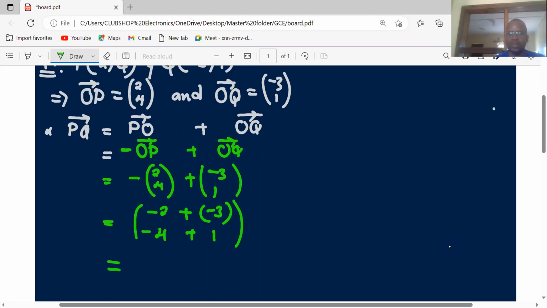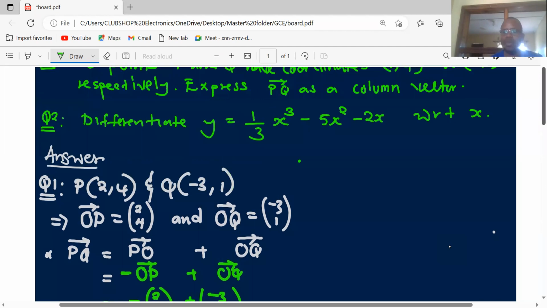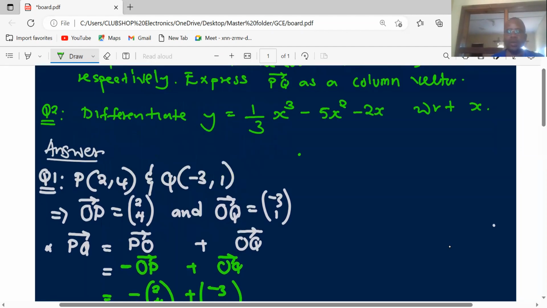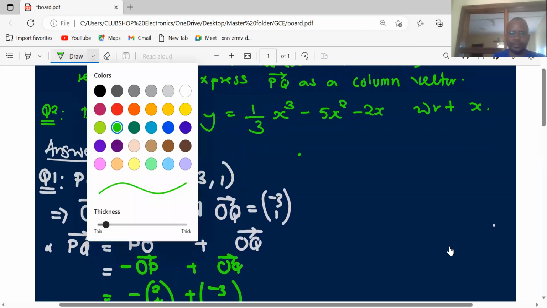And what do we get? -2 plus -3 will give us -5. -4 plus 1 will give us -3. So this one is our answer. So PQ as a column vector is -5, -3. Okay, I hope that is fine. Then we can look at the second question.